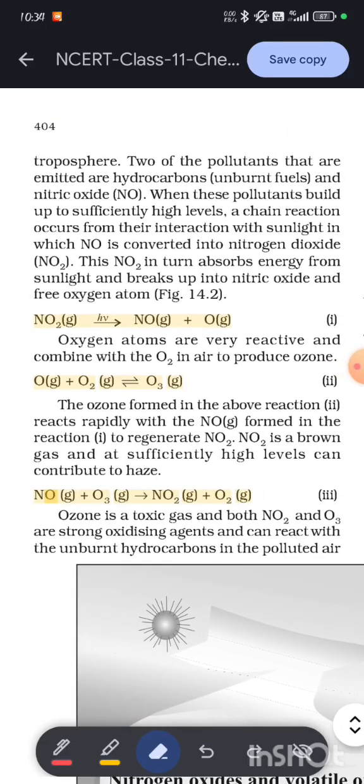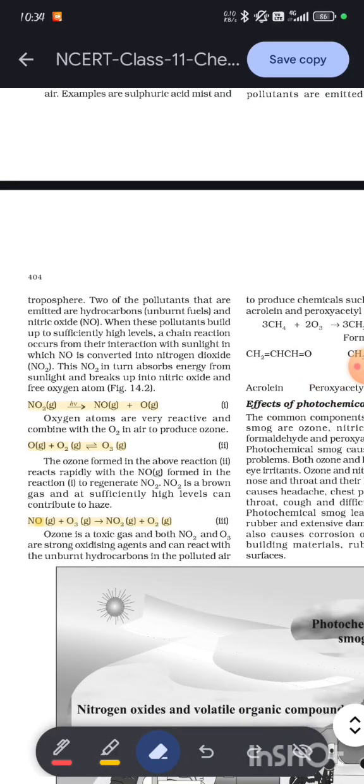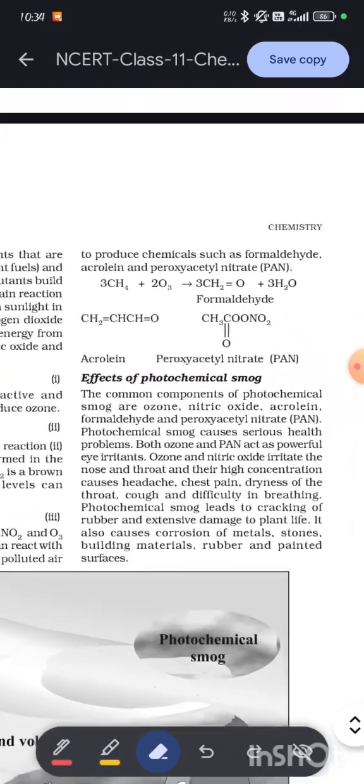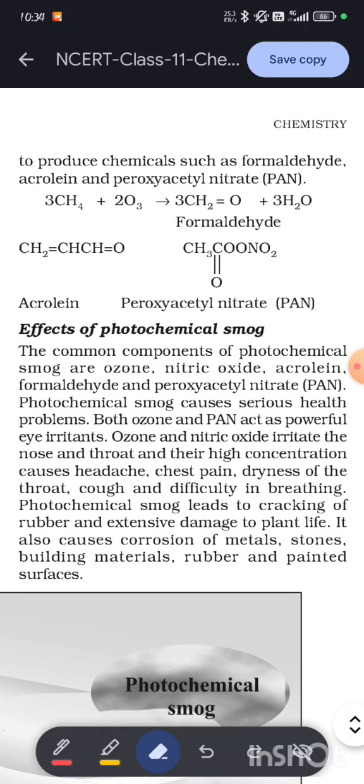Ozone is a toxic gas and both NO2 and O3 are strong oxidizing agents and can react with the unburnt hydrocarbons in the polluted air to produce chemicals such as formaldehyde, acetylene and peroxyacetyl nitrate (PAN).